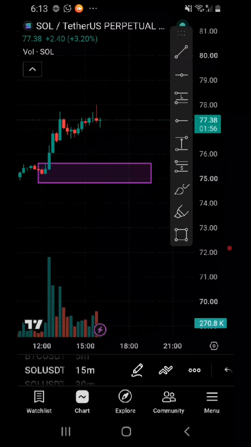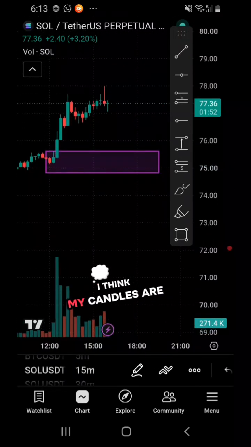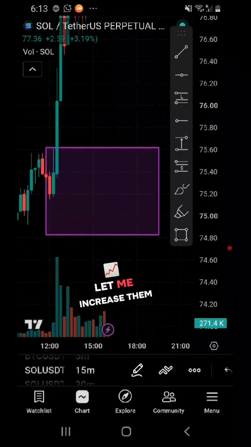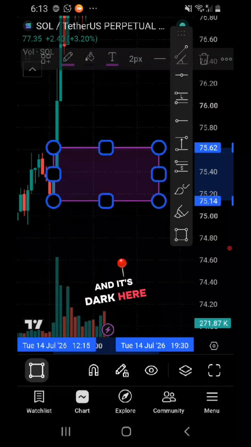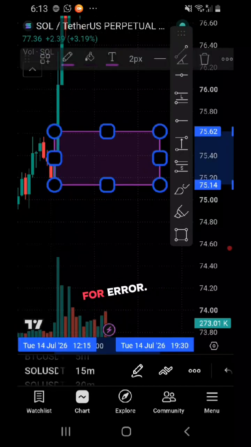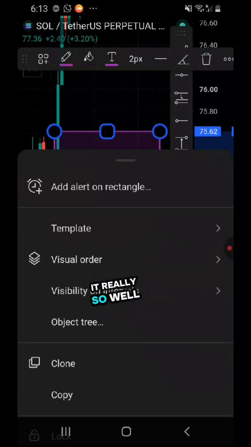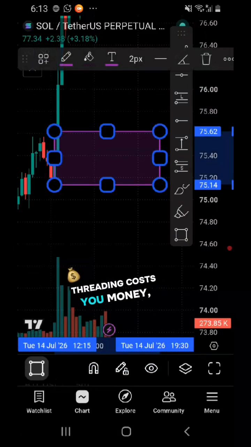I think my candles are too small. Let me increase them so that I draw well. And it's dark here. And you know, in trading, there is no room for error. I have to draw it really well, because any mistake in trading costs you money.